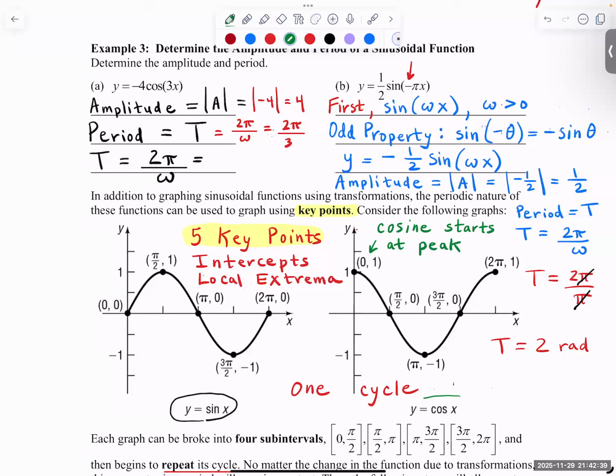Now the basic cosine function at 0 radians begins at its peak value of 1. And as the angle x opens counterclockwise in quadrant 1, the value is decreasing to 0 at pi/2. Beyond pi/2, we're heading toward pi.